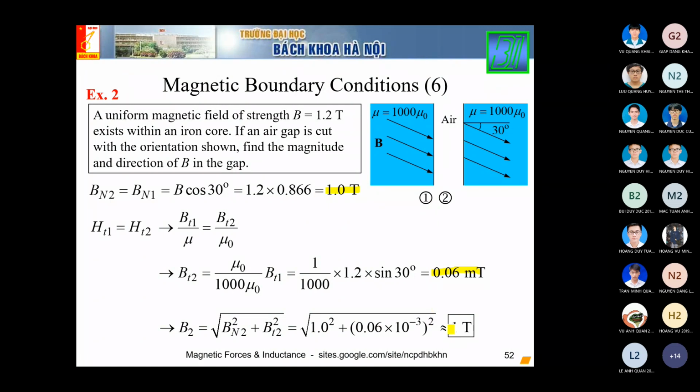It is approximately equal to the total field in the air. And by looking at this and this one, you can see that the tangential component is very, very small compared to the normal component. And that leads us to the conclusion saying that in the air, the magnetic field is nearly perpendicular to the surface of the magnetic material.